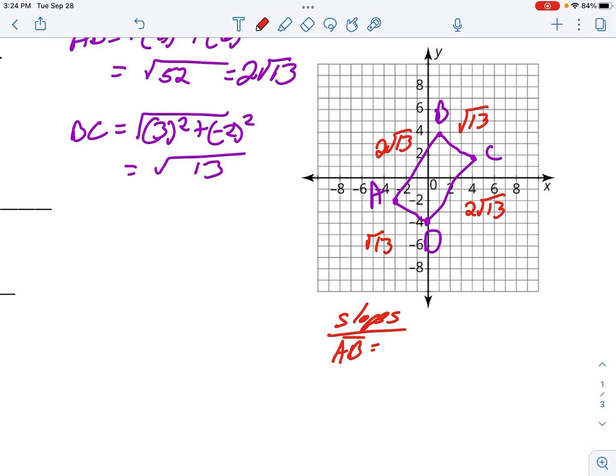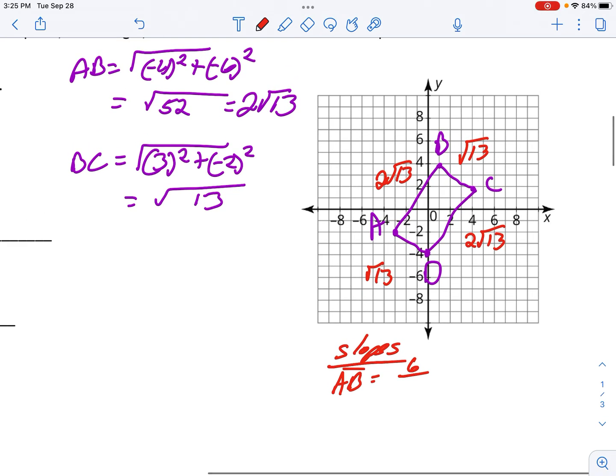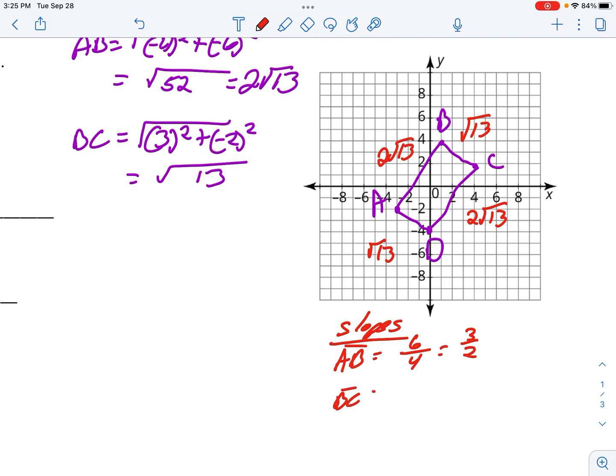So for AB, it's going to be positive, so go up 2 up to 4, so a rise of 6, then a run of 3 to 1, so that's a rise of 4, a run of 4, which reduces down to 3/2. BC, if this is truly a rectangle, we should get negative 2/3 for a negative reciprocal. Do we get that? Okay, we run to the right 3, we go down 2, and there we go.